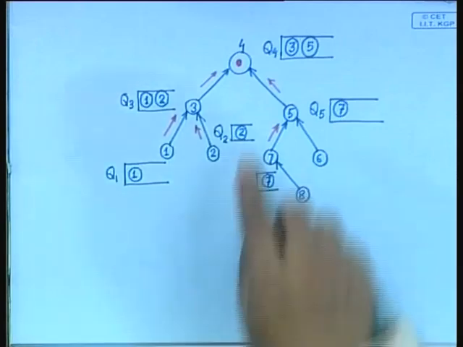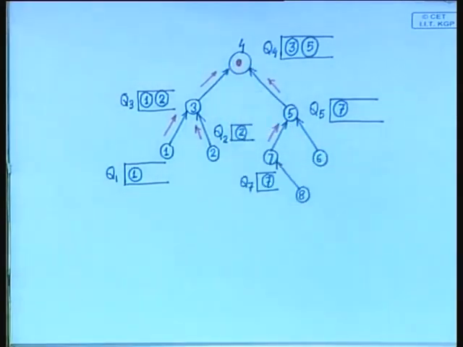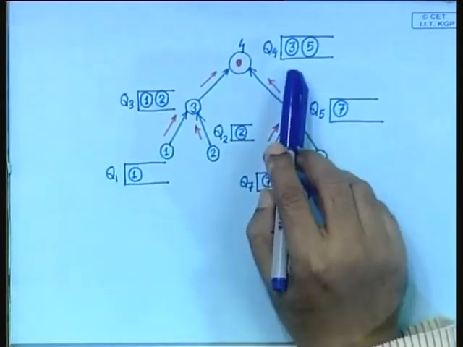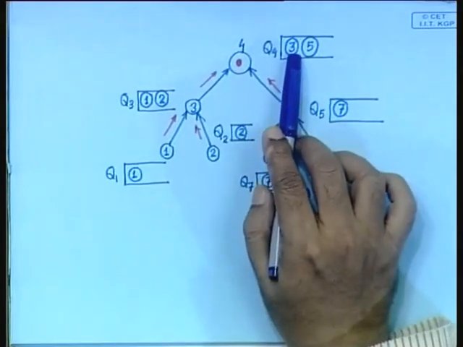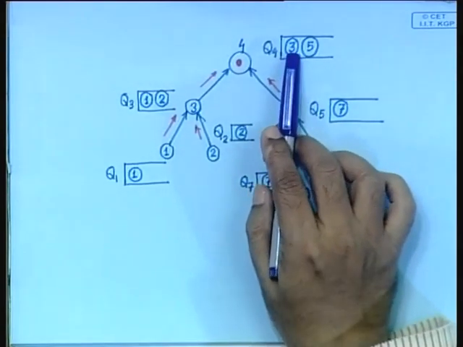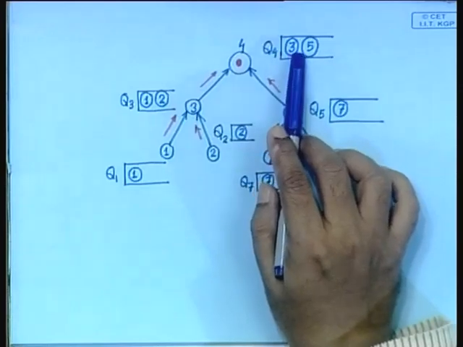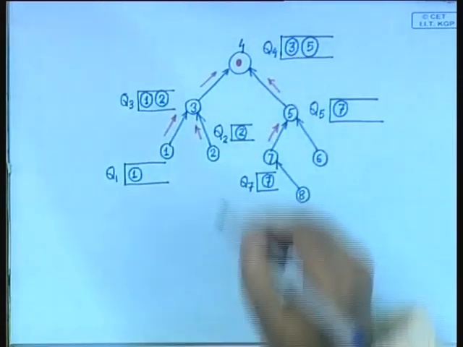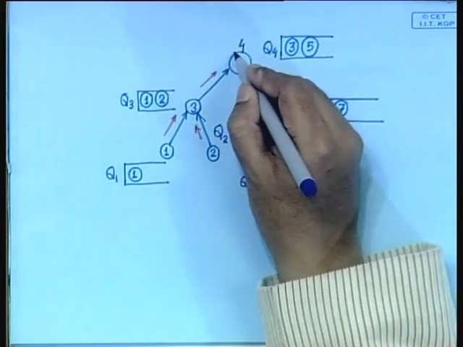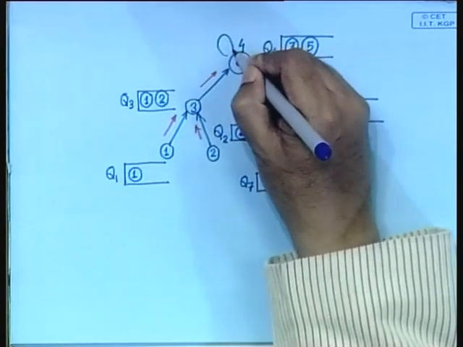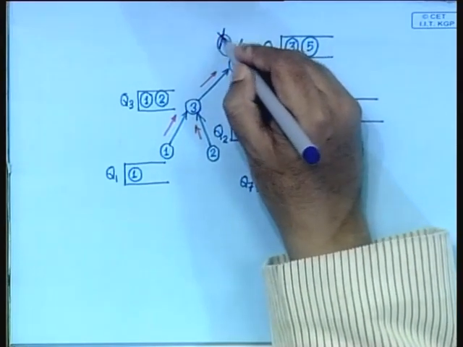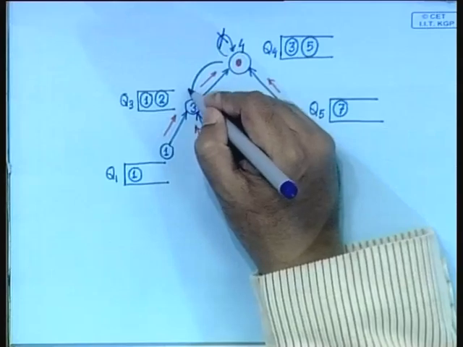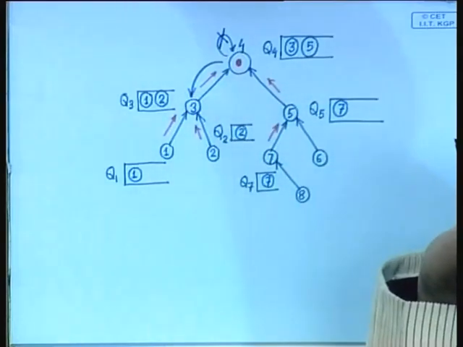Now, let us say Q4 is done with its critical section. So, what is it going to do? It is going to see that, okay, 3 made a request. So, token has to be sent to 3, right. So, it will send the token to 3 and make its own holder variable, which was previously pointing to itself, point to 3, right.